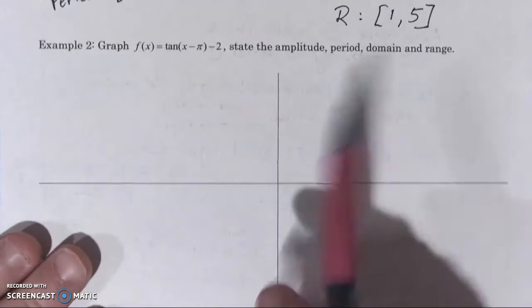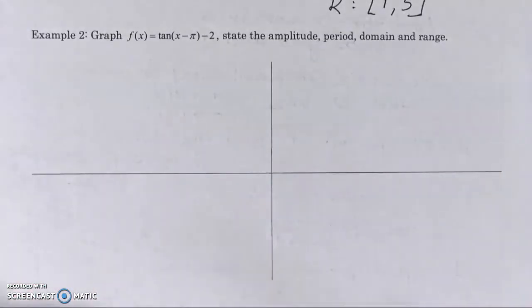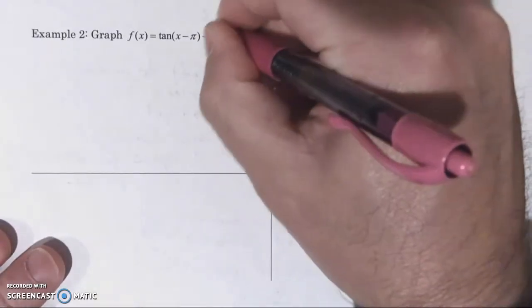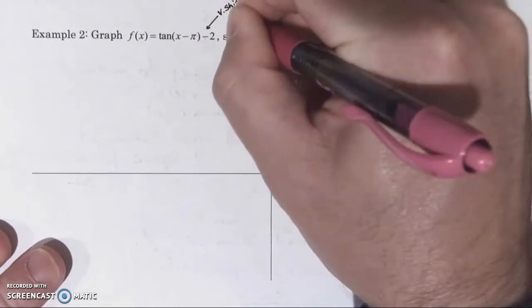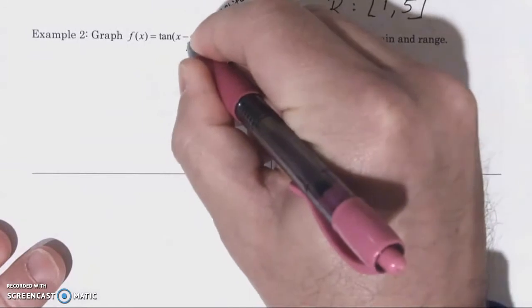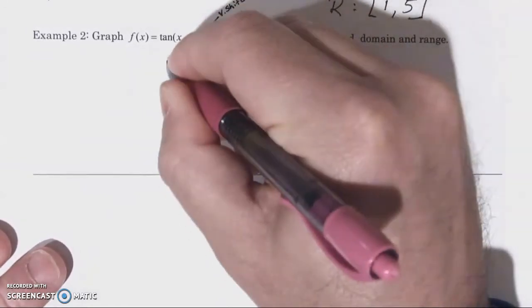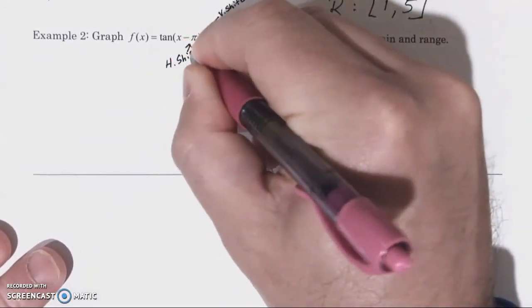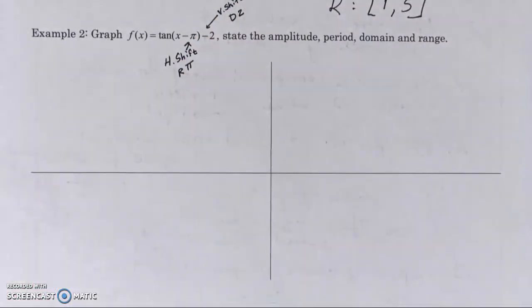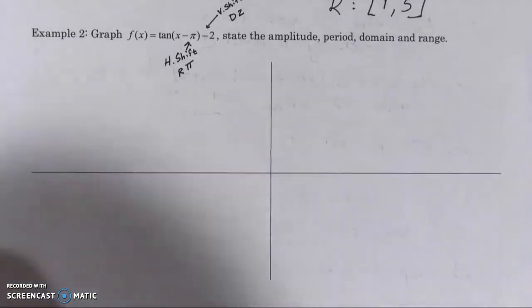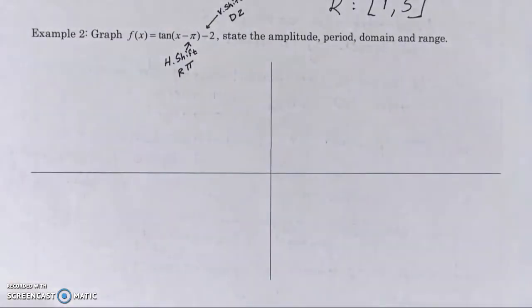Okay, let's state what the transformations are here. So this d value here, this is going to be a vertical shift, and this is going to be down 2. This minus pi, that's our c value, that's going to be a horizontal shift, and that's going to be to the right pi. Okay. So we always shift the 0 point.